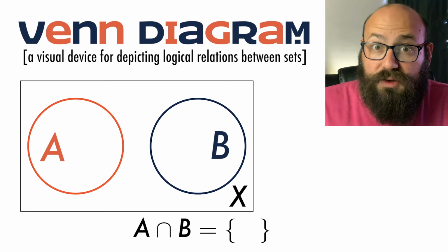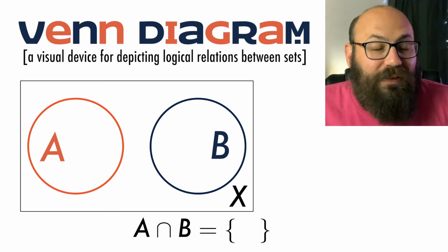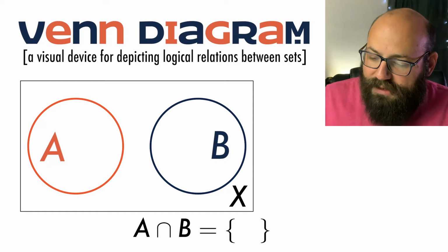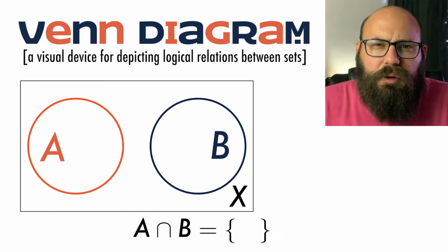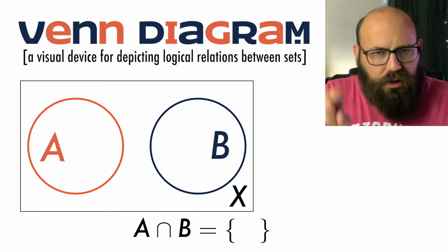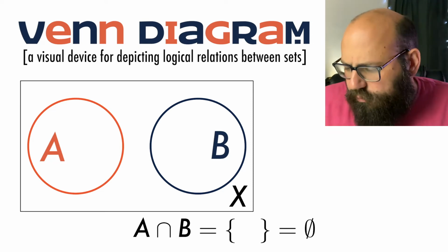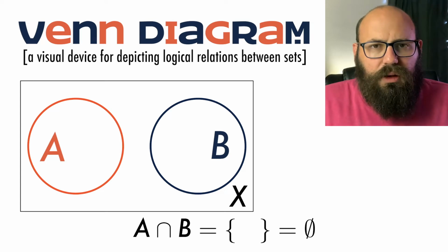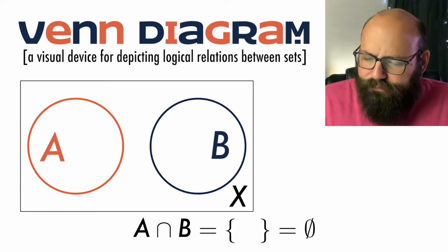It's an empty box. Well, that's a very special set, and we actually have a name for that set. It's called the empty set, and we represent it with this Scandinavian letter. That's our symbol for the empty set. And all that means is the set with nothing in it.